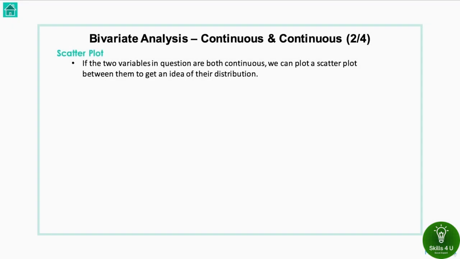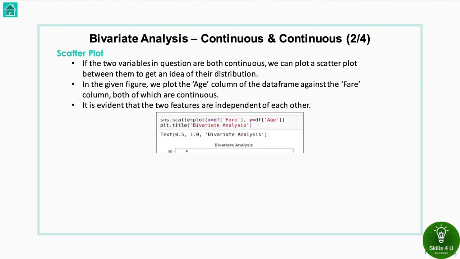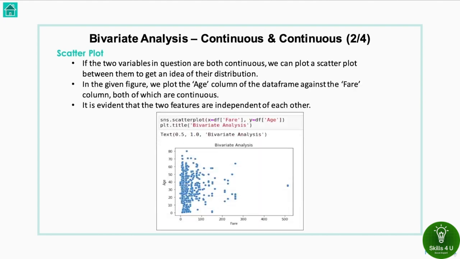Scatter plots can be used to visualize the relationship between two continuous features or variables. In the given example, we plot the age column of the data frame against the fare column, both of which are continuous. We can understand from the scatter plot that the two variables are pretty much independent of each other.